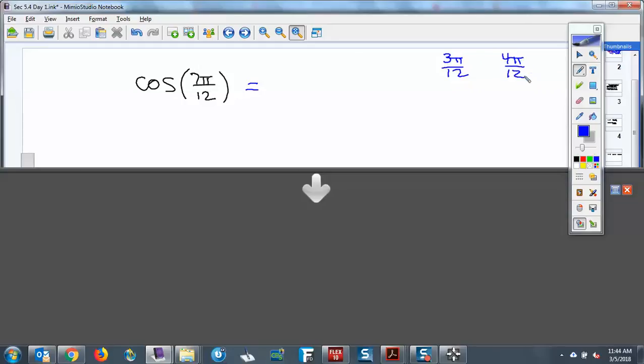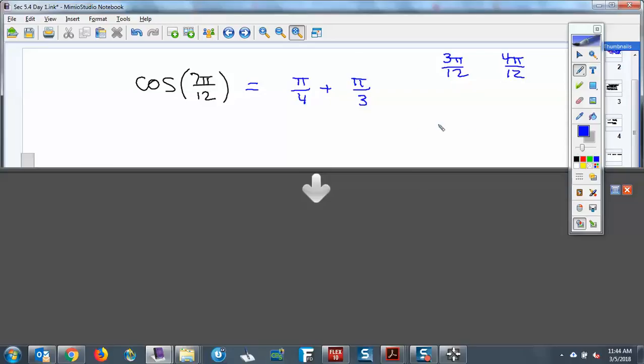We could go 2 pi 12ths and 5 pi 12ths, but 5 pi 12ths is awful. That's not one we like, so I don't want to do that. Or you could do 1 pi 12 plus 6 pi 12ths, but 1 pi 12ths is no good, right? But 3 pi 12ths would be pi fourths, and 4 pi 12ths would be pi thirds.